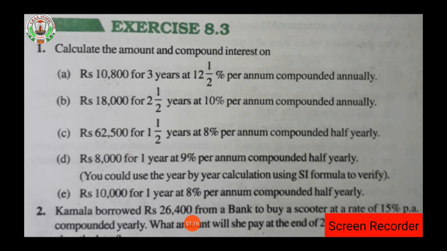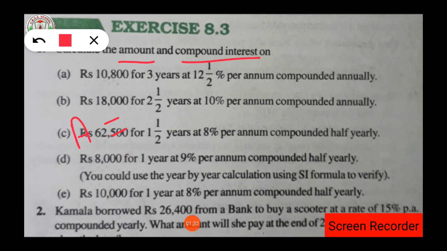So here it is asked to calculate the amount and compound interest. In order to find the amount, what is the formula we are going to substitute?